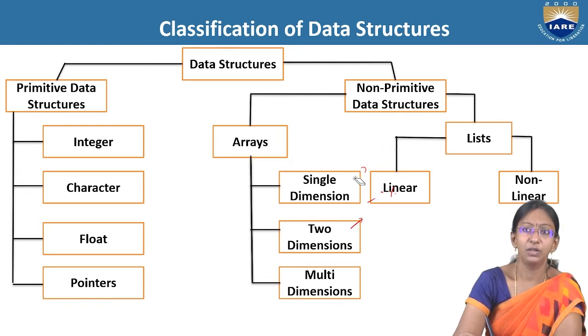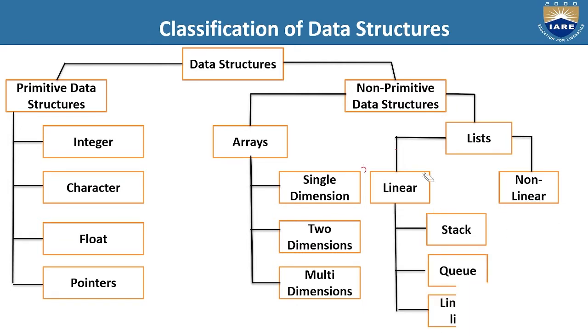What is a linear data structure then? The linear ones are stacks, queues, and linked lists. Why do we call these three data structures linear? Because every element in this type is related to only one other element of the same type.